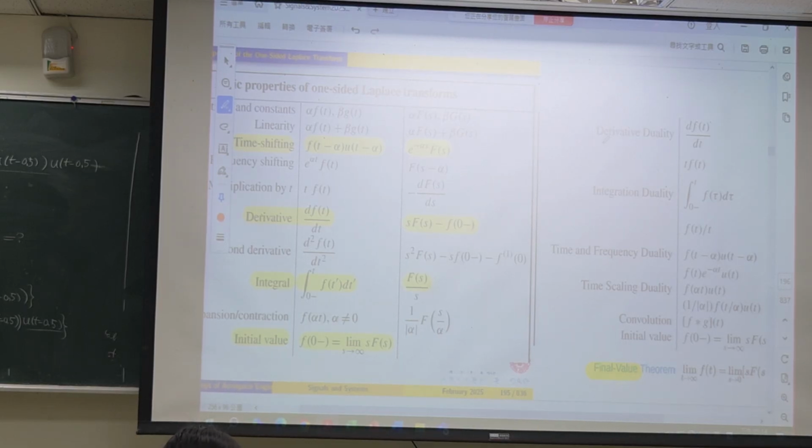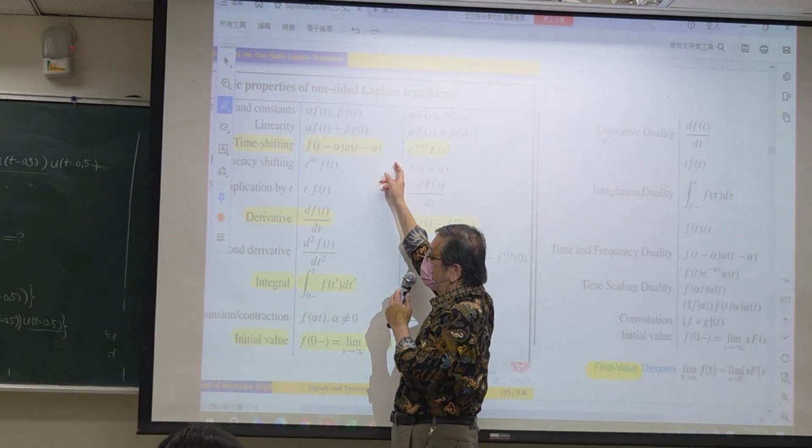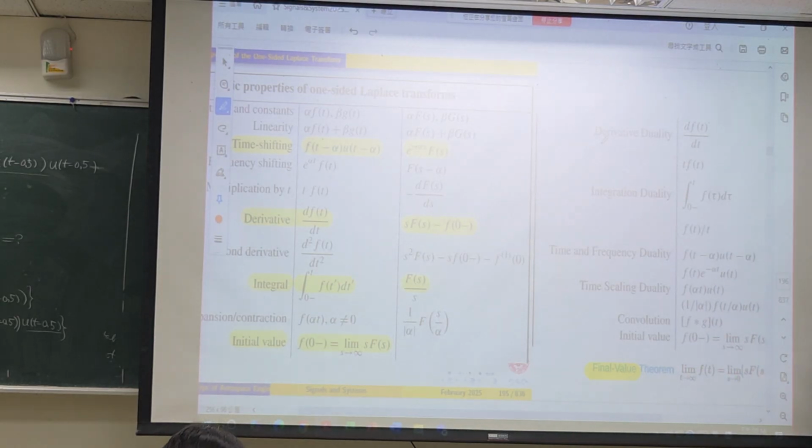For this problem, we need time shifting. This is also very important. So let's see what that tells us.